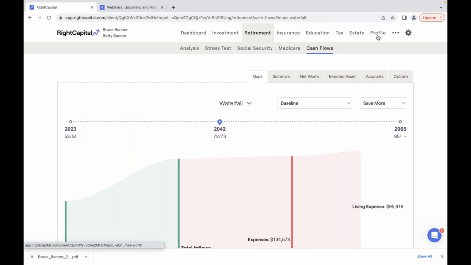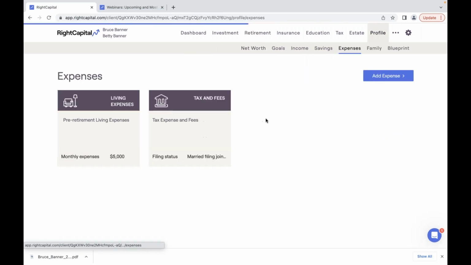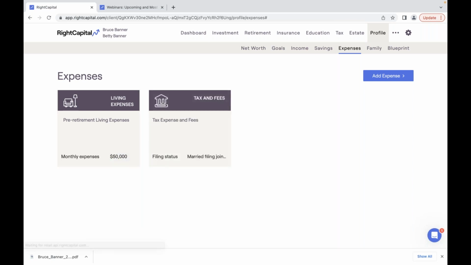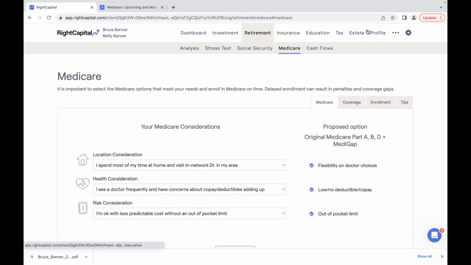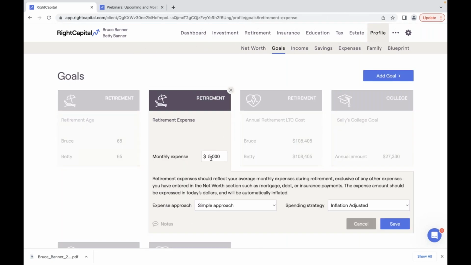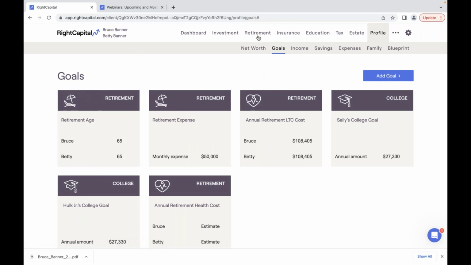So to put that in more perspective, let's really amp up the expenses here. Let's say we put 100,000 of expenses a month, or maybe 50,000. So we're going to expect this plan to fail at this point, and we're probably going to be drawing down on invested assets. I'm assuming at some point I'm going to need to change some goals here as well, just to show you how we pull the money. I think it's a helpful visual.